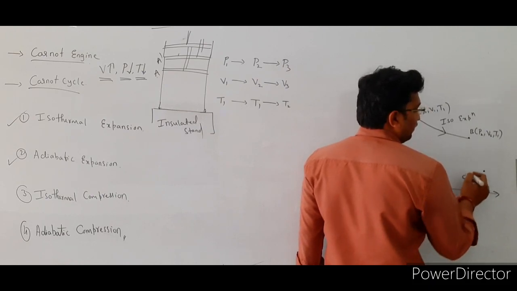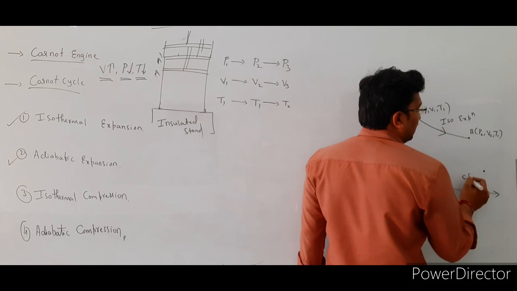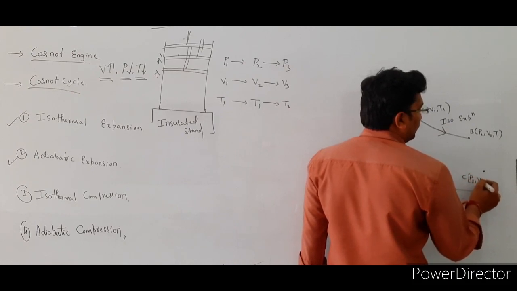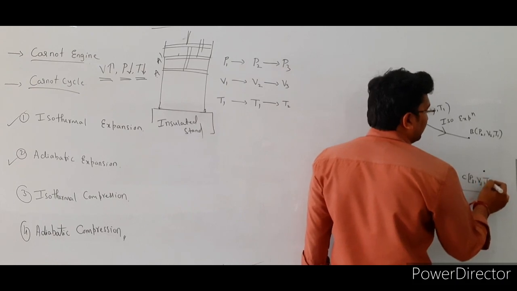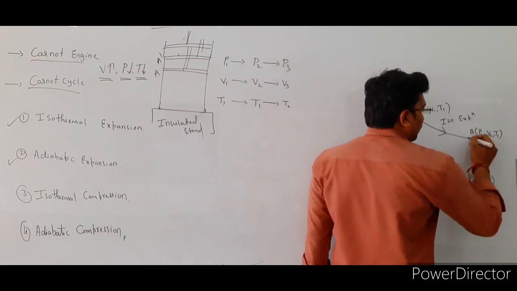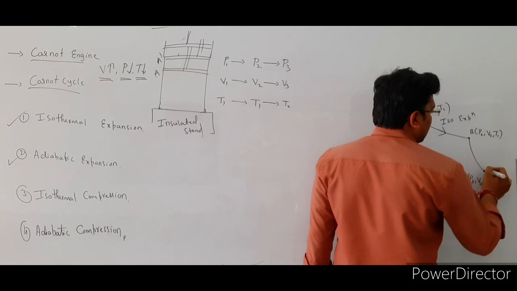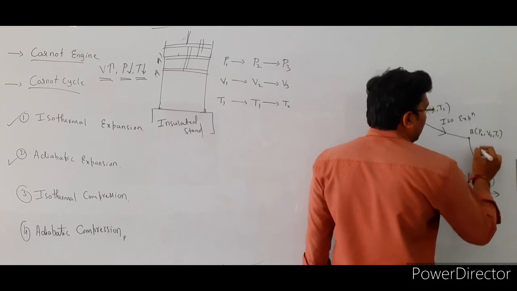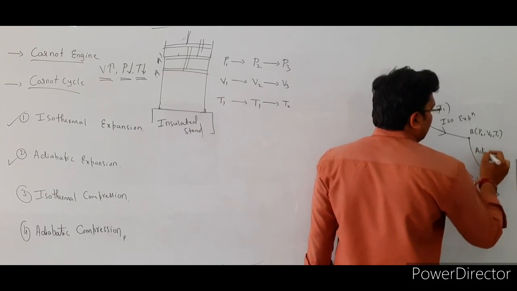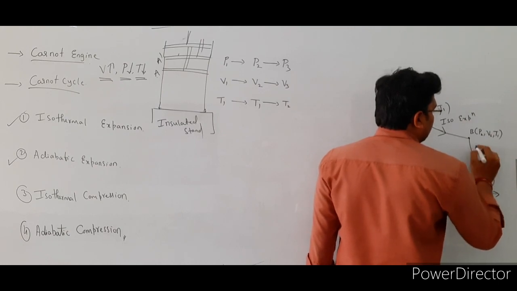So what is the state of the system here? The pressure changes from P2 to P3, the volume changes from V2 to V3, and the temperature changes from T1 to T2. And this curve BC gives the adiabatic expansion.